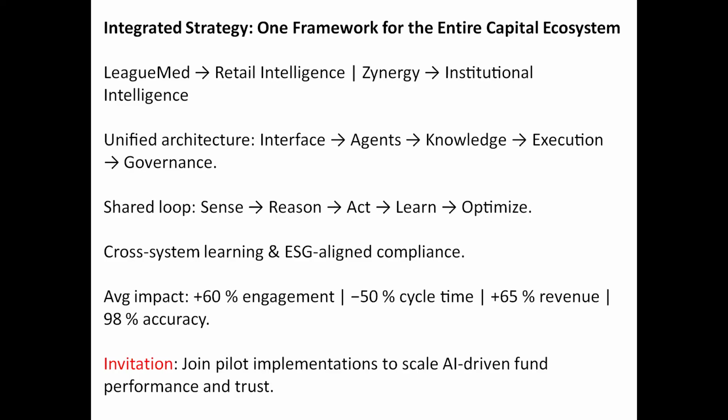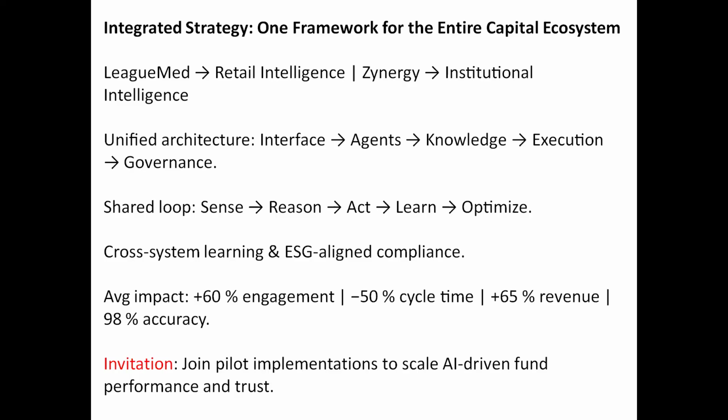Because these two are the ends of a spectrum, right? One is targeting retail, and the other institutional, right? And there is also a spectrum of kinds of investors, and utilizing a more unified way. So to make it unified.